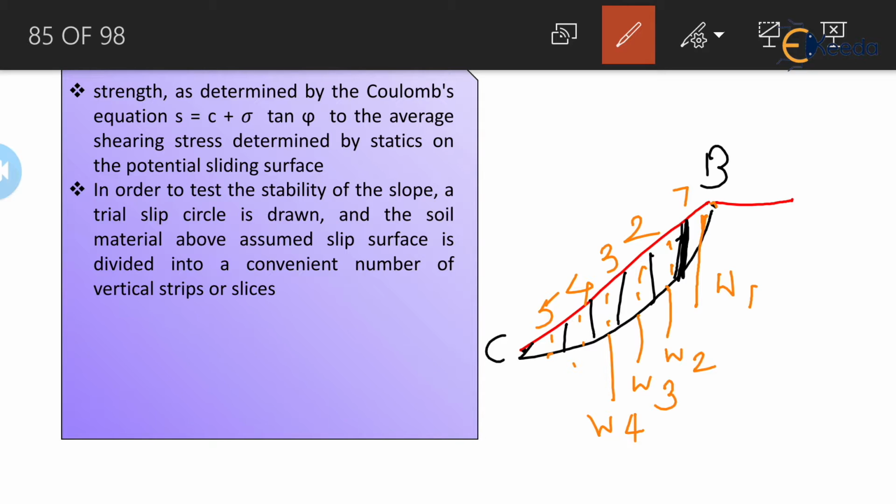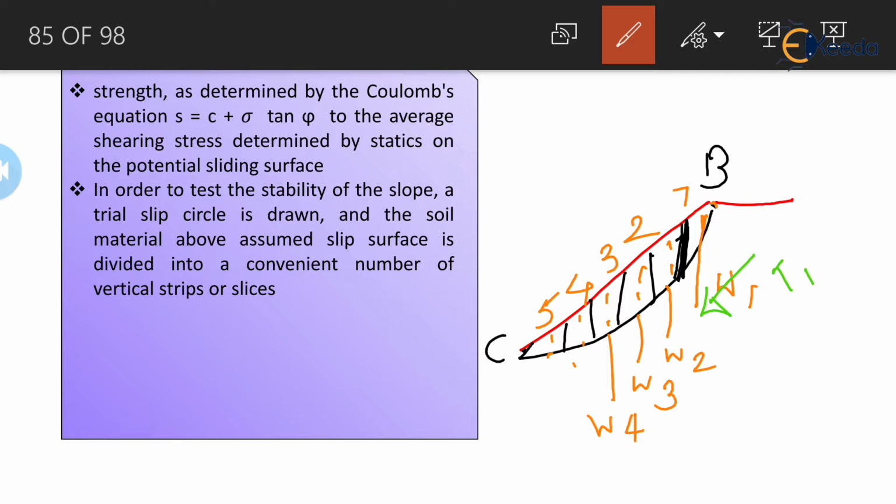So here we need to resolve this into components. For better calculation, we are resolving this into two directions, parallel and normal. So the weight of the slice will be resolved into a tangential component, which is parallel to the upstream slope, and which is denoted by T1.